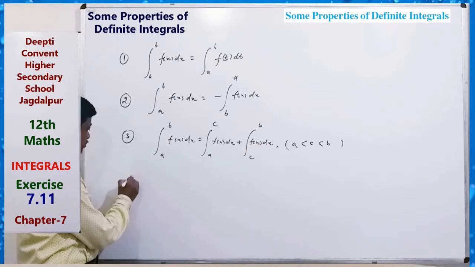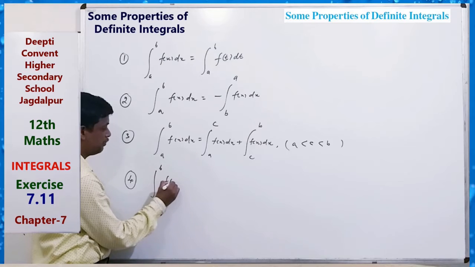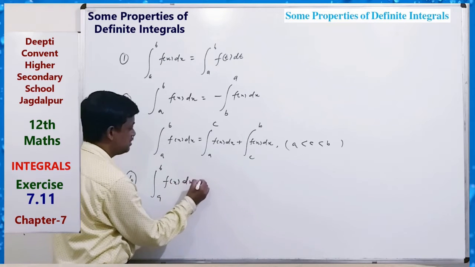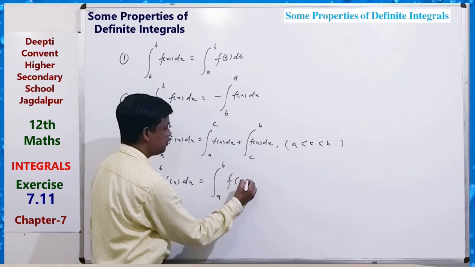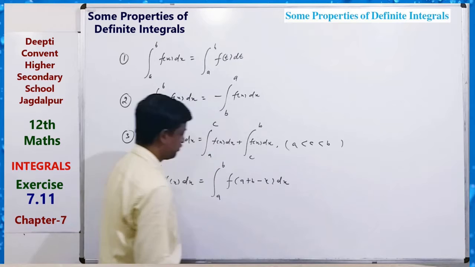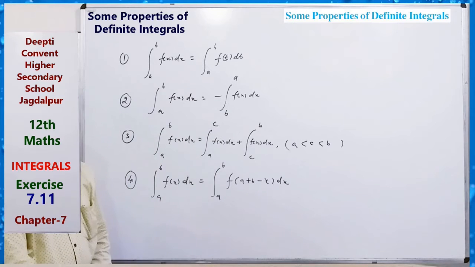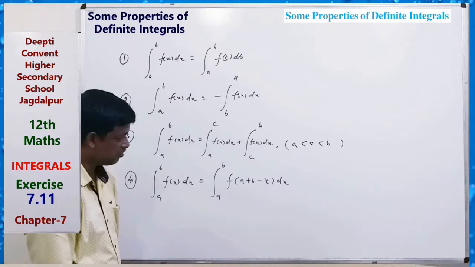Okay. Fourth, the integral from a to b of f(x) dx equals the integral from a to b of f(a + b - x) dx. Because this integral is equivalent to this, we can solve it. How?